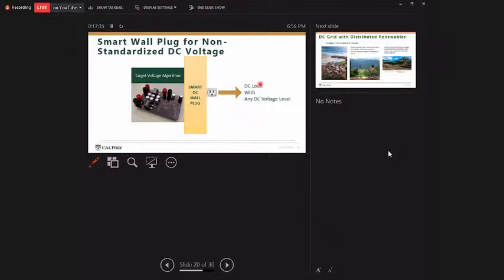No way, that would be confusing. So how do we do this? We provide one simple plug, but that plug is smart. Whatever load you plug in, if that load requires 9 volts, the brain behind the wall plug determines that and outputs 9 volts as well. So, a smart DC wall plug. We attempted this 3 times. I'm still not happy, so there are still things to develop here as well.